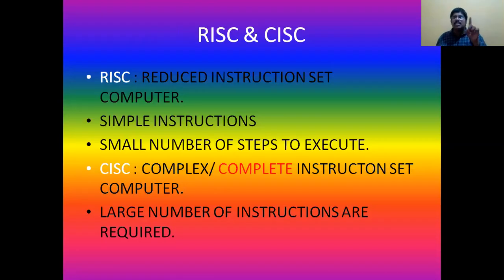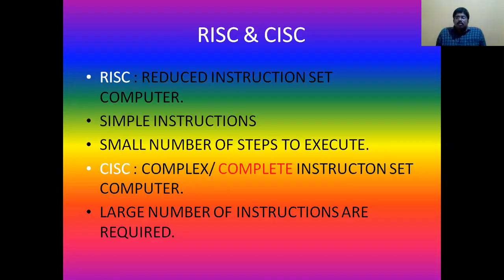There won't be 1 stage for a particular instruction, 3 stages for another instruction, and 5 stages for some other instruction, just like in CISC. That is not present in RISC. Whatever the instruction may be, all the instructions have the same number of cycles.